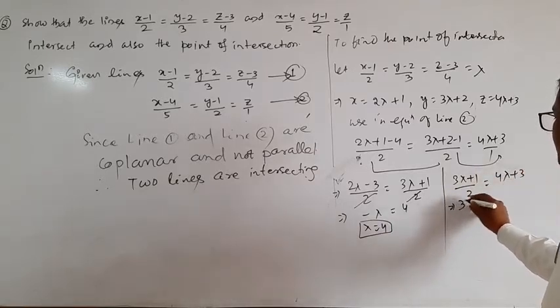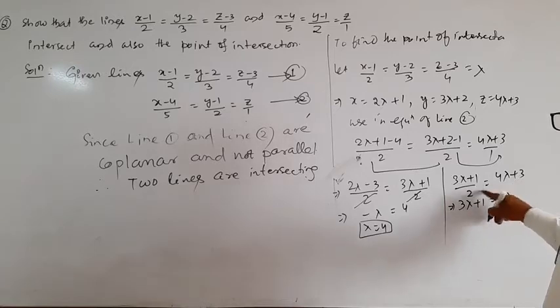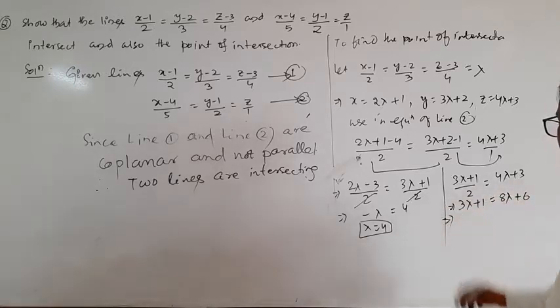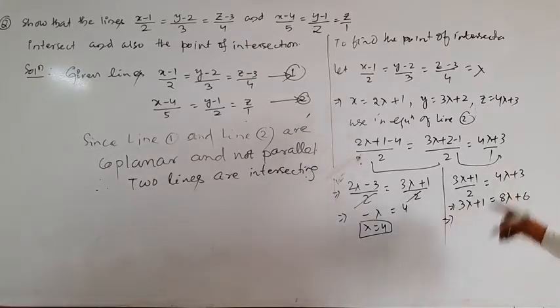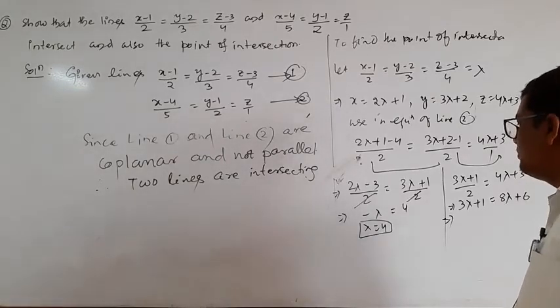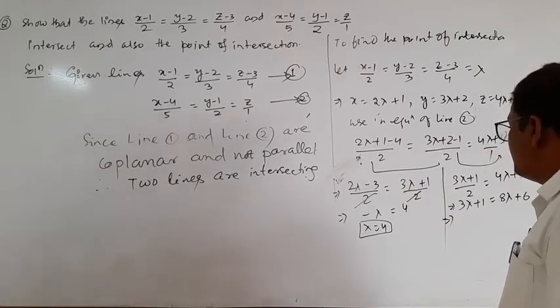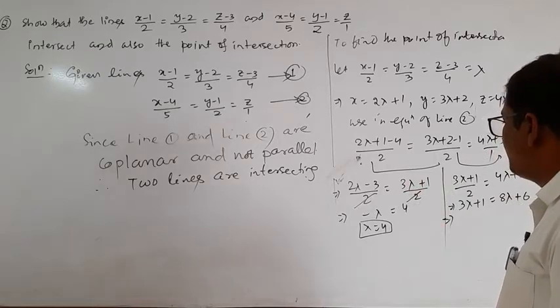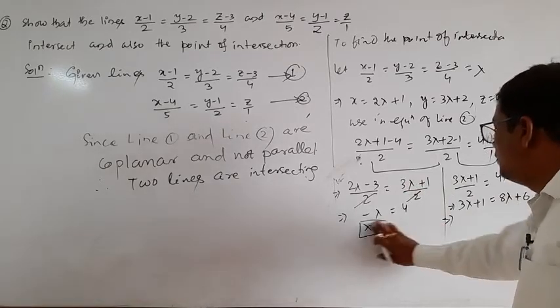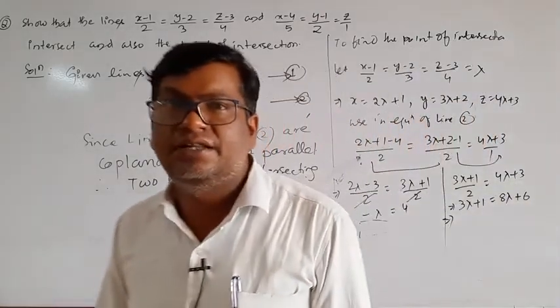So this is 3 lambda plus 1 equals 8 lambda plus 6. That implies minus 5 lambda is equal to 5, minus lambda is equal to 4. Taking these two, we find the value of lambda.